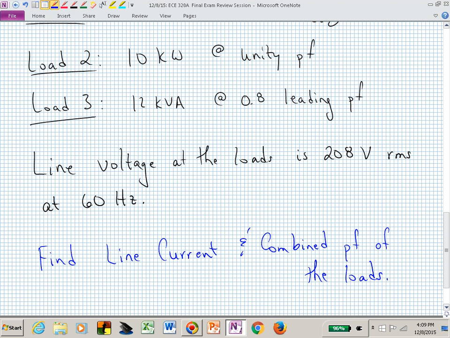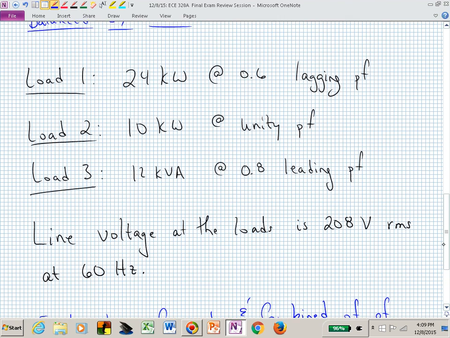Now, given this information, what do you already know about what's stated relative to load number 1? And here you have to be very careful with the units. That's what you want to be aware of when you're talking about complex power.